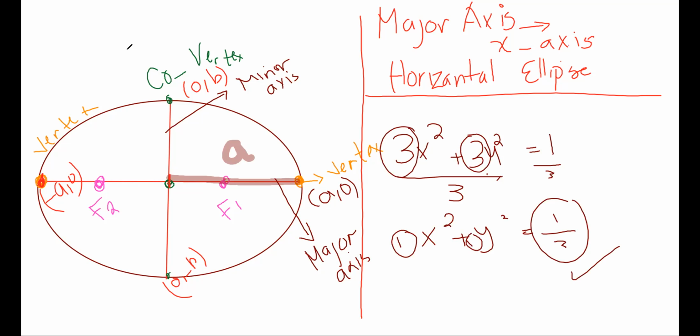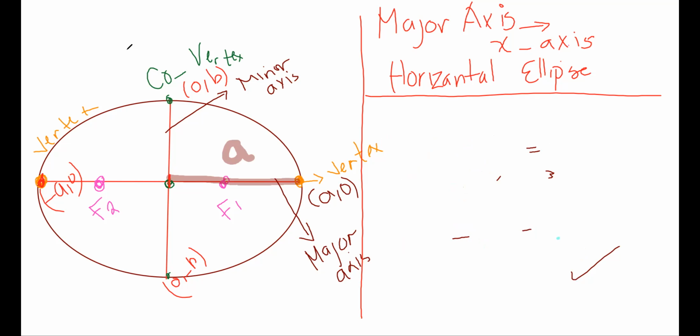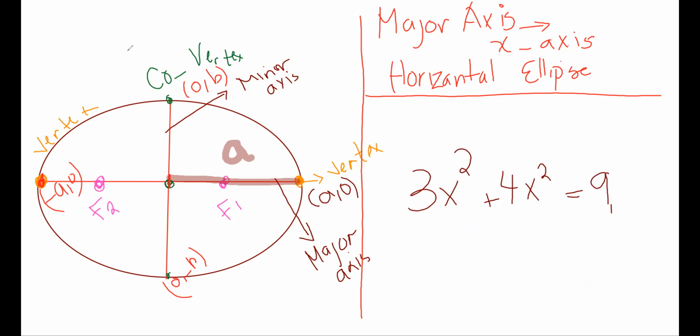Or if it has equal coefficients, it will be a circle. So if you have x squared plus y squared, don't forget the plus, and the coefficients are equal, I'm talking about a circle. But if the coefficients are not equal, such as 3x squared plus 4y squared equal 9, and they are added, don't forget the added.